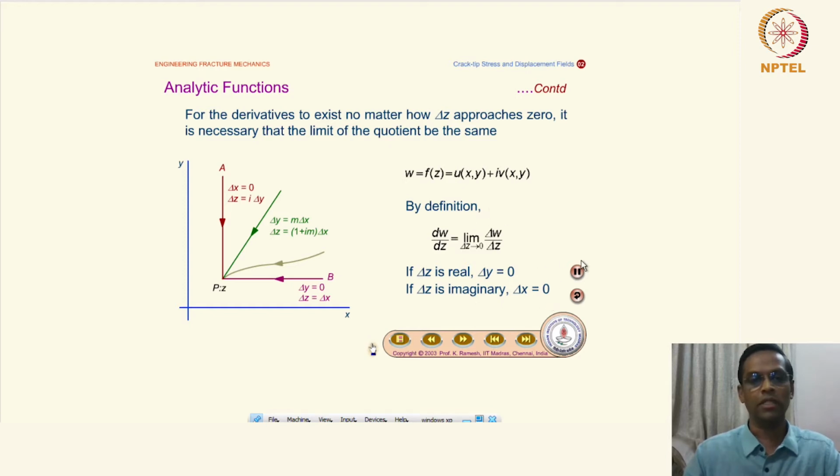Okay, so this is a property of an analytic function. So why are we looking at it? Because we are going to look at the stress function, which is also an analytic function. So the analytic function, when we define it as a stress function, should have these similar properties. That is what we are discussing.